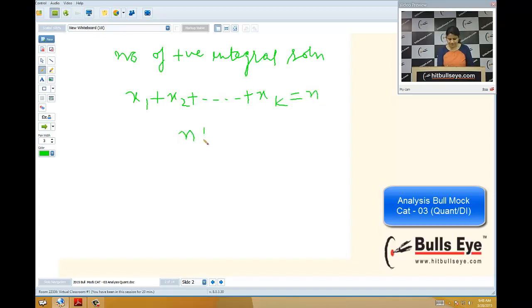How many solutions are possible? N plus k minus 1, C k minus 1. I'm not going into the derivation, I'm telling you the formula only. Very, very important formula. What is the keyword here? Sorry, it should be non-negative integral solutions. Non-negative, 0 is also included. Is it okay, Aman, now? I was using this formula.